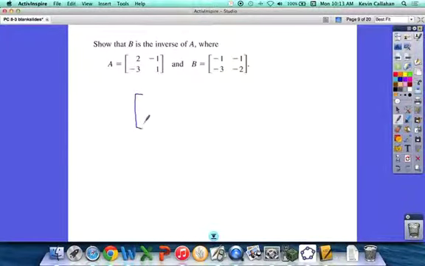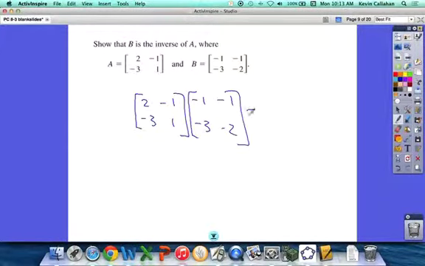A times B, right? 2, negative 1, negative 3, 1 times negative 1, negative 1, negative 3, negative 2. Okay, so first row, first column, 2 times -1 plus -1 times -3. So that's -2 plus 3, 1. Okay, first row, second column, 2 times -1 plus -1 times -2.